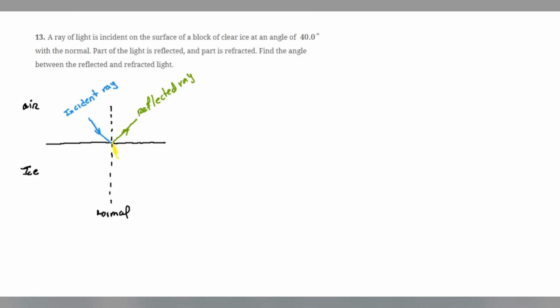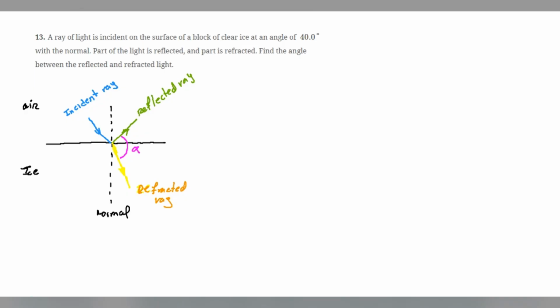This one will be the refracted ray. So what they want us to calculate is this angle, that is the angle between the reflected and refracted ray. I will call this angle alpha.